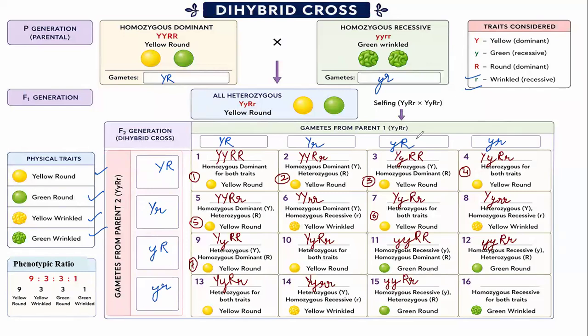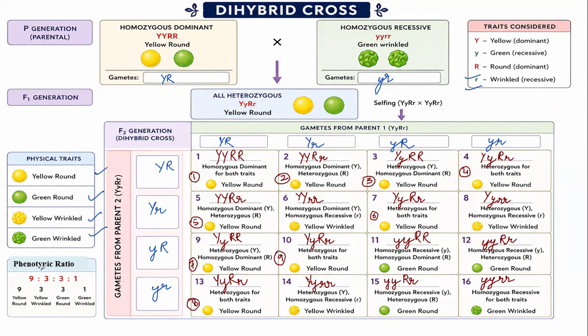Capital R, small r, and only one is there in which YYRR is there. All are small, all are recessive. So this is homozygous recessive. Let us now see how many yellow and round physical traits are there. 1, 2, 3, 4, 5, 6, 7, 8, and one more yellow and round is there, that is 9.